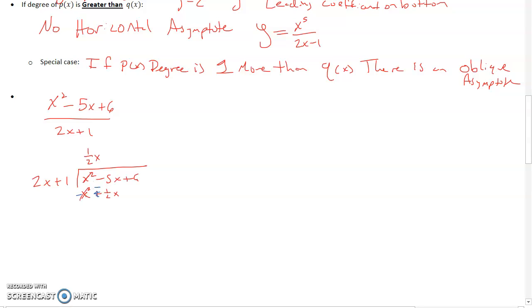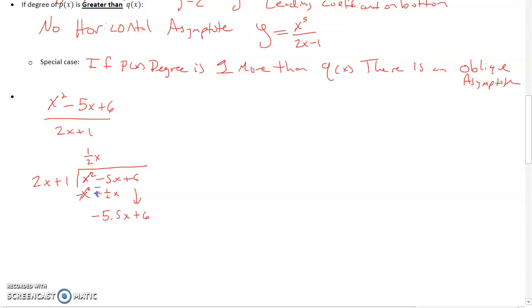And then these are going to cancel. And then negative 5x minus 1/2 x is negative 5.5x. And then we're going to bring our plus 6 down. Oh, great. I have 2x, and I want to get to 5.5x.